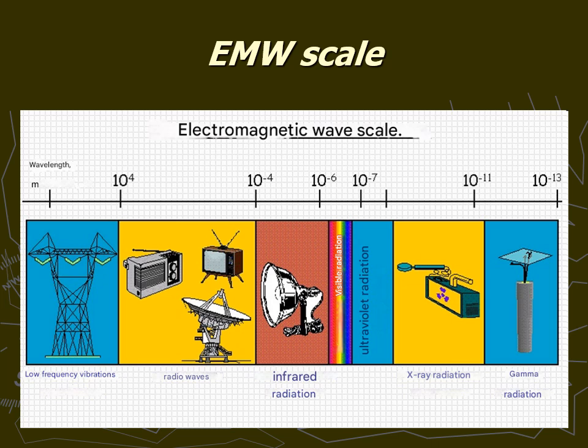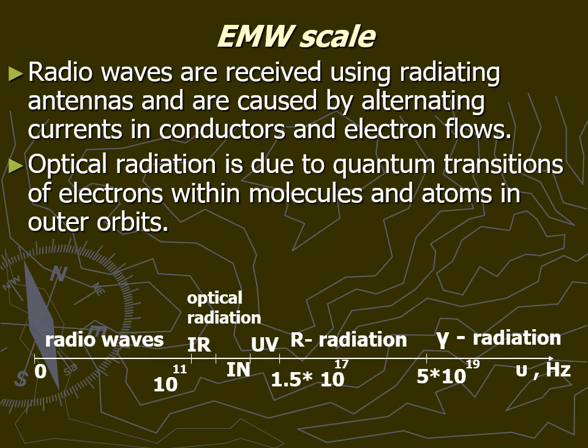This includes infrared, visible radiation, ultraviolet radiation. Also, X-ray and gamma rays can be attributed here. Let's find out in which case we get one or another type of electromagnetic waves. So, radio waves can be obtained if there are alternating currents in the conductors and also in the presence of electron flows.